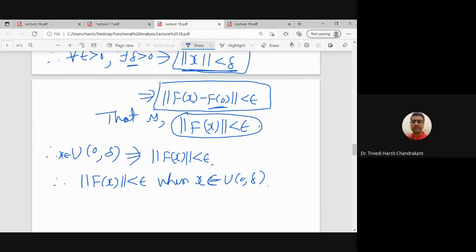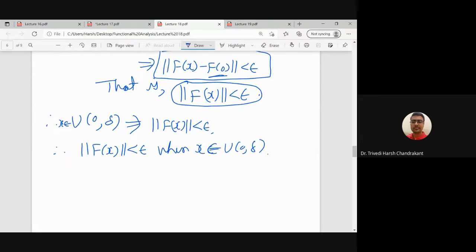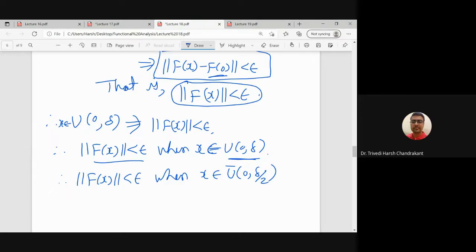Once this holds, if we take any closed ball inside this, then this is also true, right? So for example, if x belongs to the closure of U(0, delta/2), then this is certainly a subset of U(0, delta).